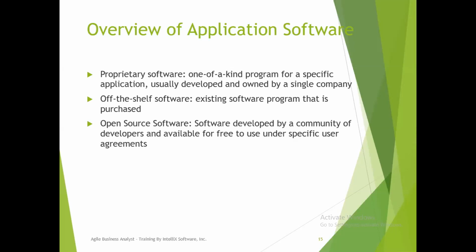Another category of software is off-the-shelf software. This is the kind of software that you can buy from a shelf and then install. If you're trying to do photo processing, you can buy an Adobe Photoshop type of software and install it. It doesn't matter what platform you have.